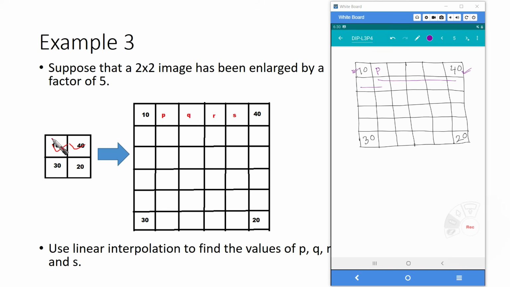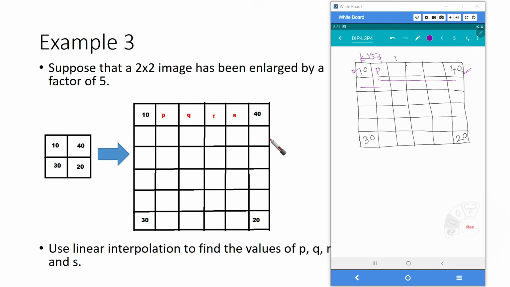So we can say the distance between neighboring pixels is 1. Even with intermediate values, we can still assume the distance between this and that is 1. Then what is the distance between the pixel 10 and the pixel P? This is 1 over 5.